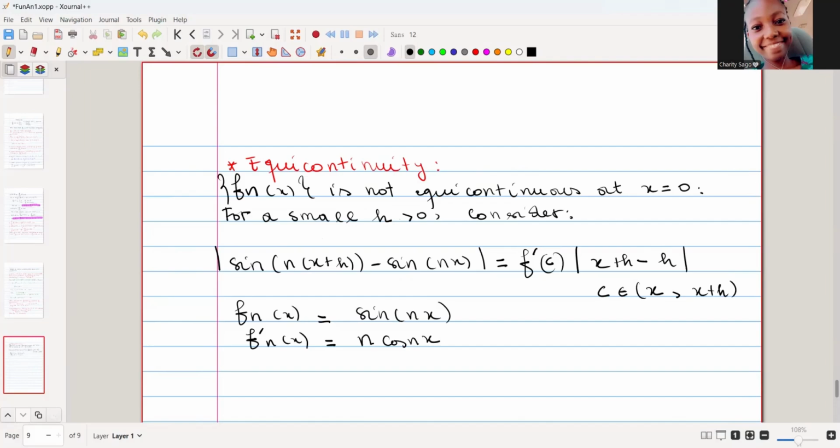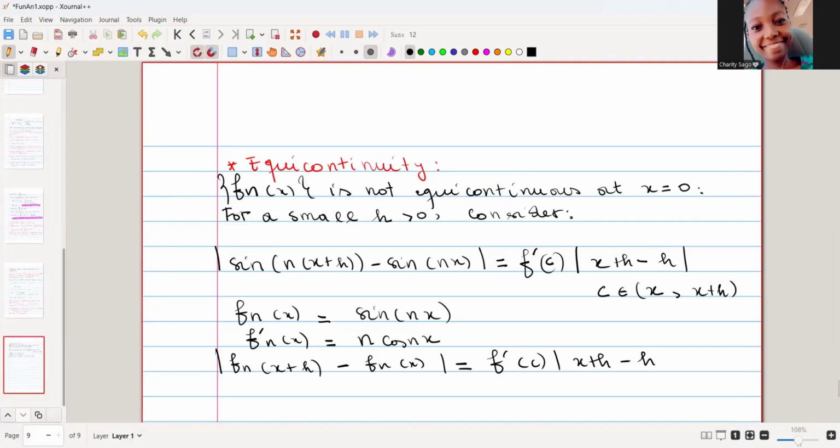Now, by the mean value theorem, we have what? f_n of x plus h minus f_n of x equals f prime of c times x plus h minus x, and c is between x and x plus h.